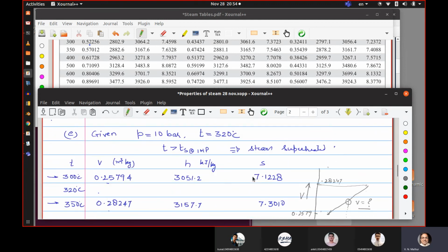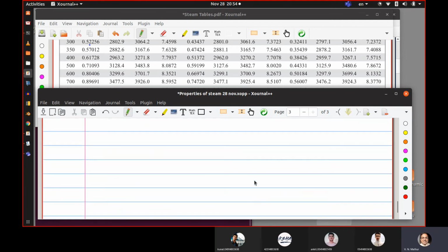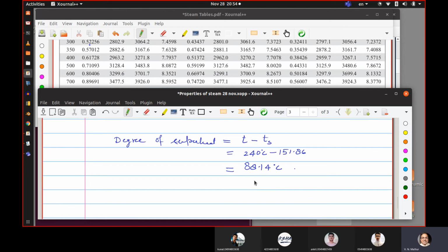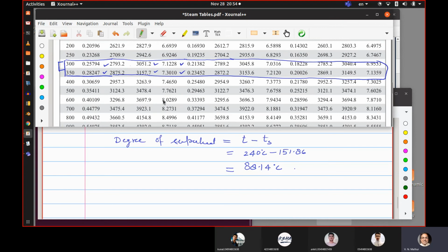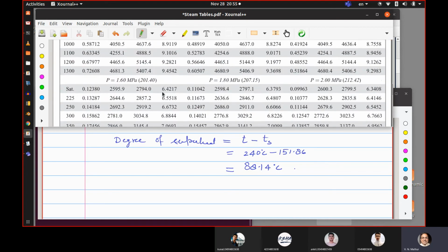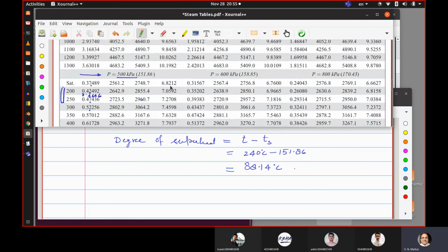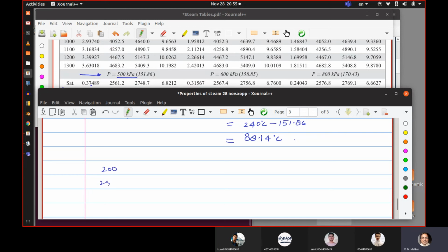So next we should calculate enthalpy and entropy. I'll quickly write the values of enthalpy at these two temperatures, at 500 kilopascal. We have temperature 200 and temperature 250.